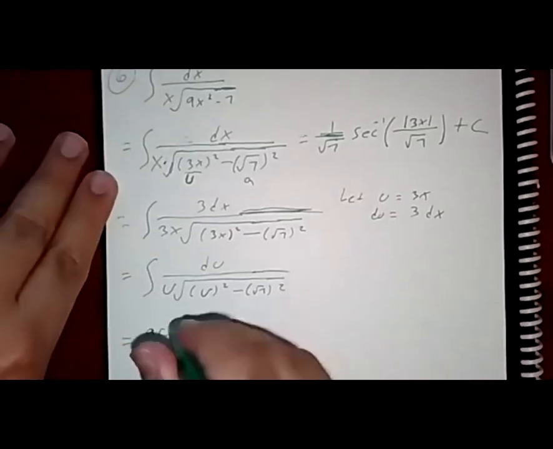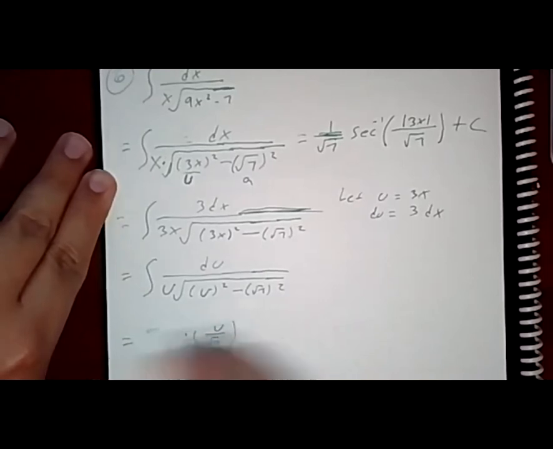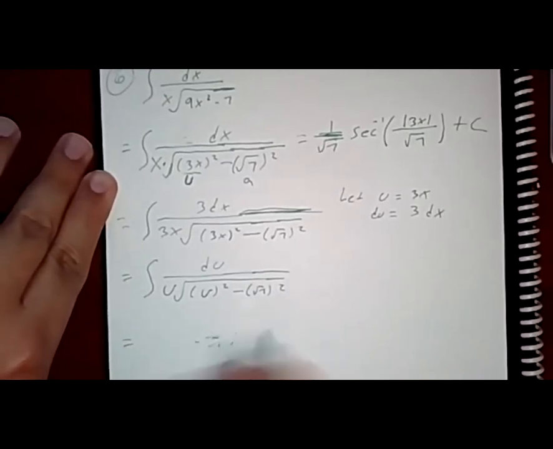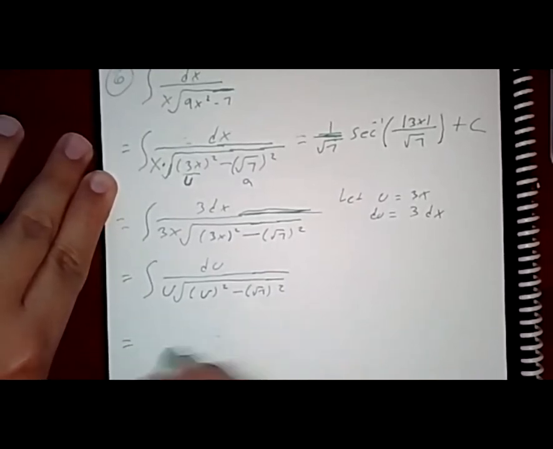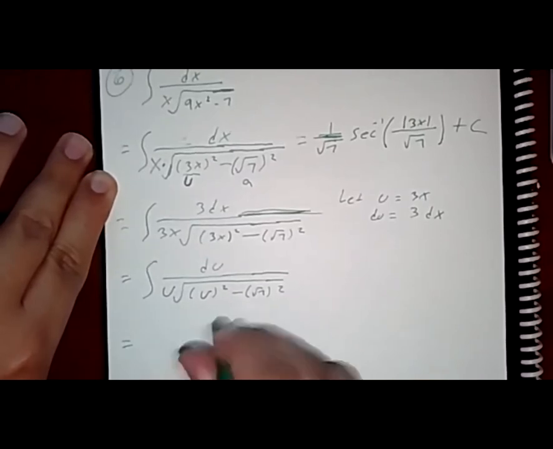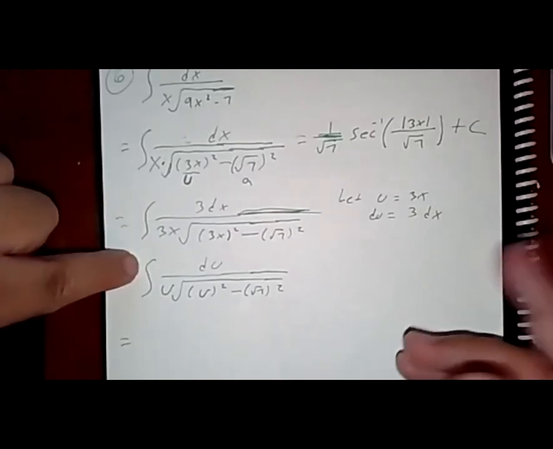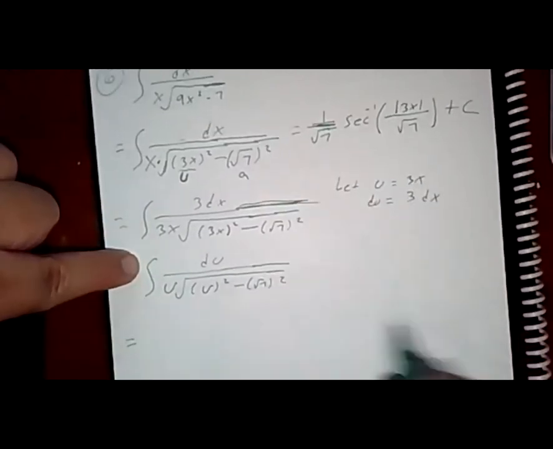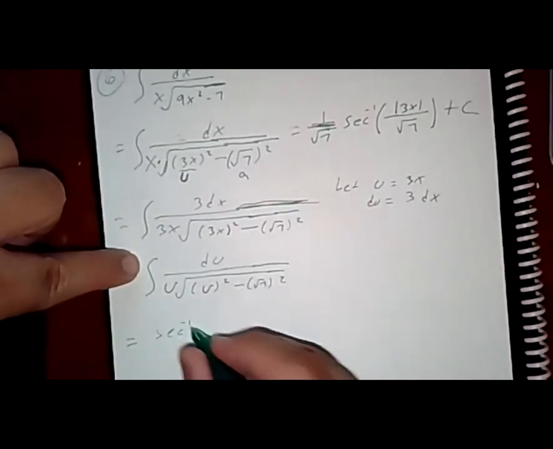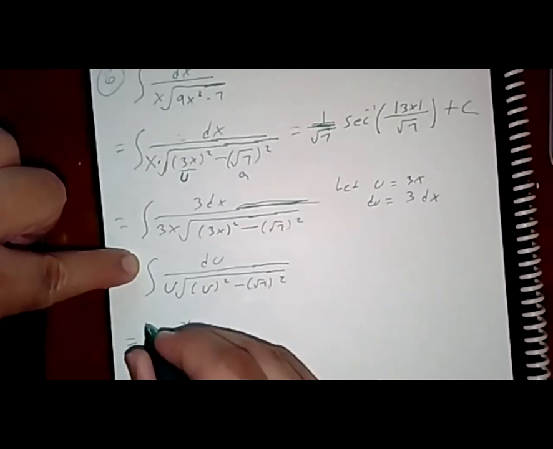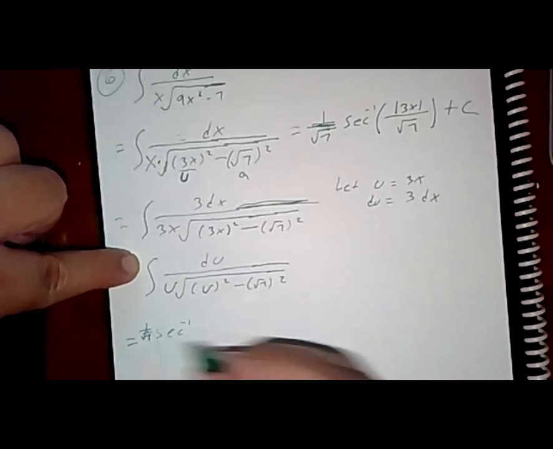Oops, sorry, arc secant inverse. Yeah, add the 3 first. So yeah, then it becomes legit. Then first do the u-sub. Then you get secant inverse 1 over square root 7.